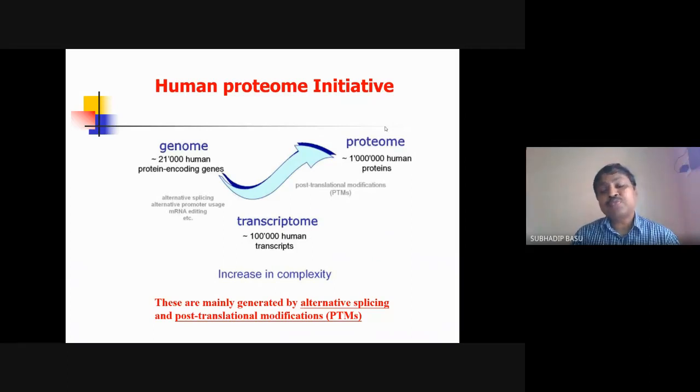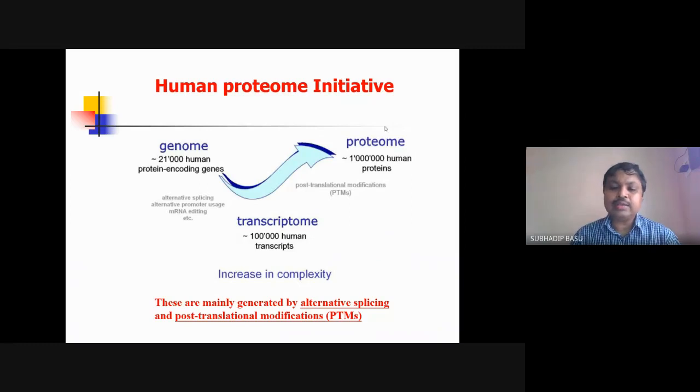One single messenger RNA can generate on average up to 10 different types of proteins through different types of post-translational modifications, and they all act differently based on what additional molecule is attached to it, or how it is cleaved or broken into different parts, and that way they act as mature proteins.